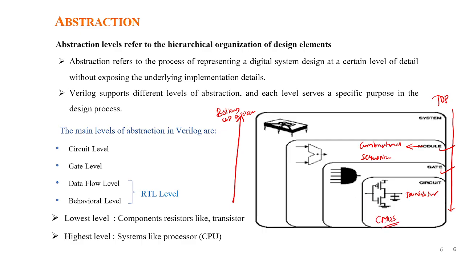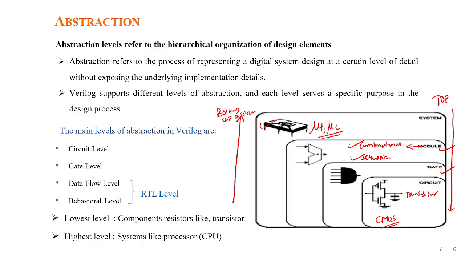Next, with different types of CMOS connections, we implement gates, either a NAND gate or a NOR gate. With the help of the NAND and NOR gates we implement combinational and sequential circuits, and with the help of these circuits we implement the system, meaning a microprocessor or microcontroller. This is the bottom up approach.